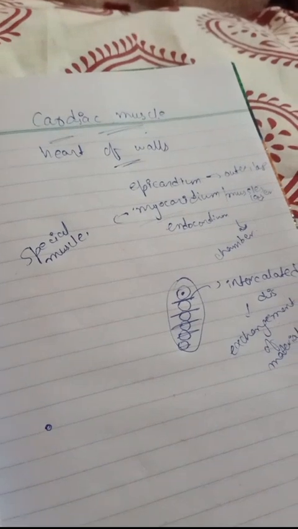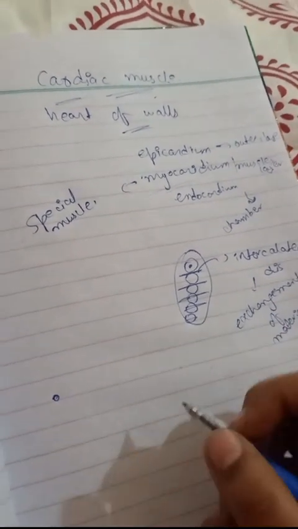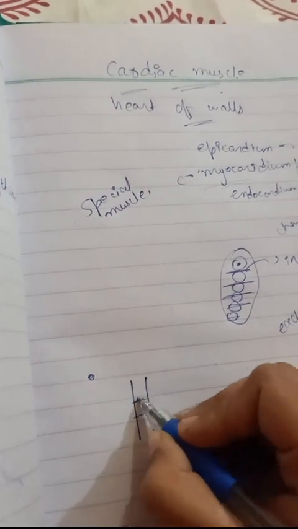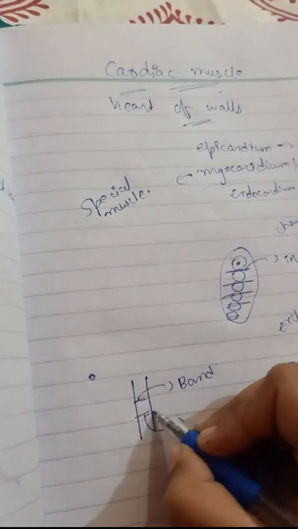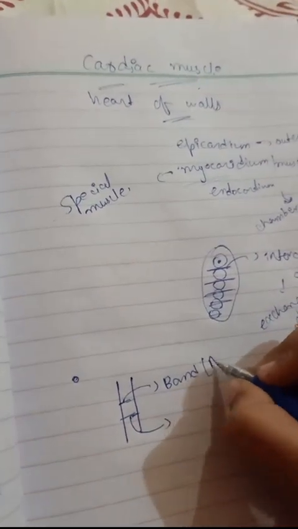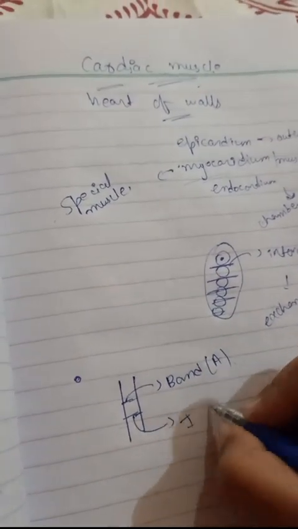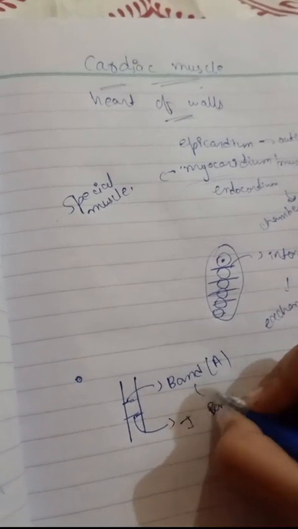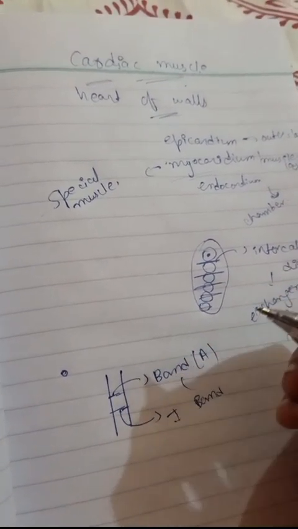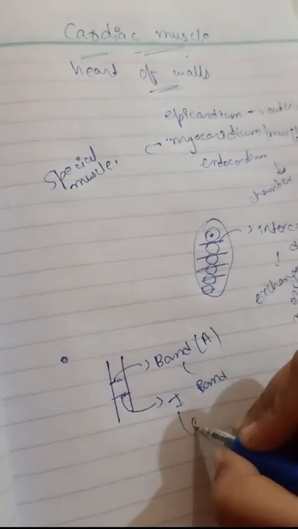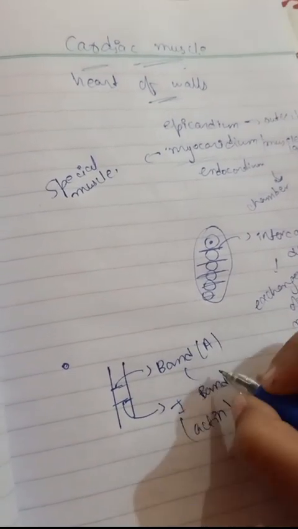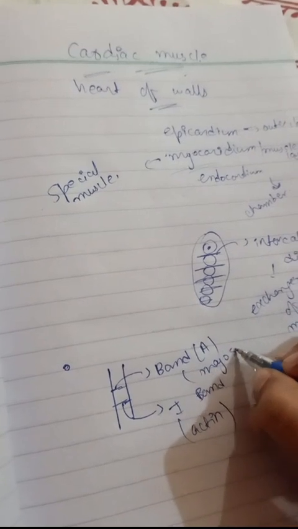If we talk about the muscle cells, they are striated, meaning they have bands. What are bands? This is called the A band and this is called the I band. This band is made up of myofilaments like myosin, and this band is made of actin filaments, and this is the myosin filament.